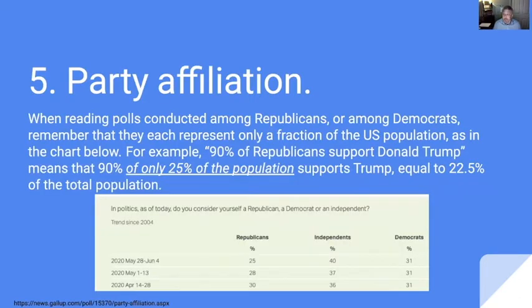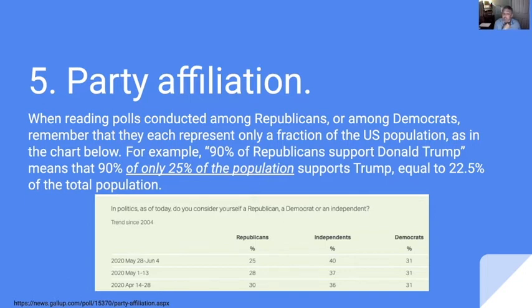Party affiliation. I think you would be very surprised to know that the number of Americans who affiliate with each party is actually lower than the number of Americans who identify as independent. As of June this year, and I don't believe these numbers have changed much, 25% of the public identifies as Republican, 40% as independent, and 31% as Democrat.